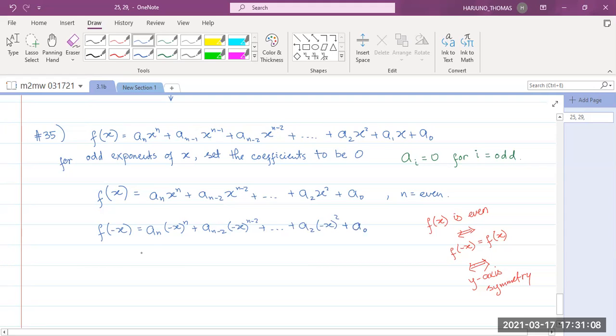Okay, but because n is even, then negative x to the n will be just the same as x to the n. Negative x to the n minus 2, which is still even exponent, right? Then it won't change the sign.